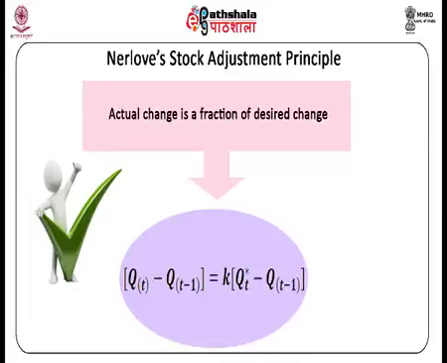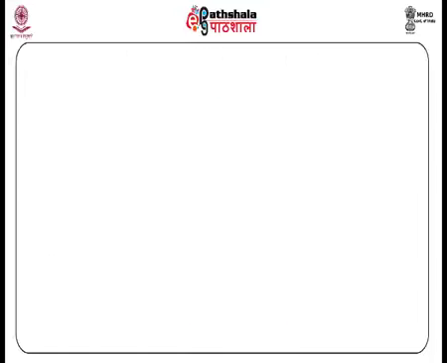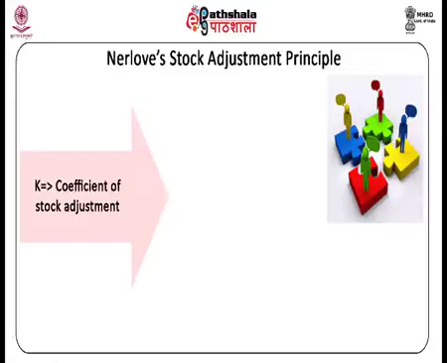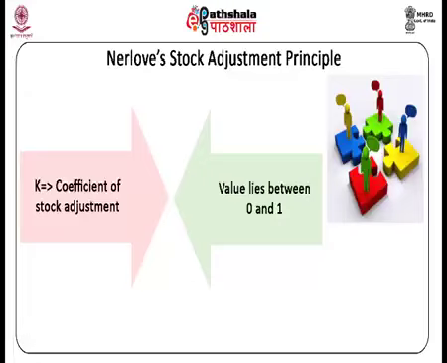Thus, actual change is a fraction of desired change, that is, Qt - Qt-1 = k(Qt* - Qt-1). This is given as equation 2, where k is the coefficient of stock adjustment. This is the expression of stock adjustment. The value of the coefficient of stock adjustment lies between 0 and 1.